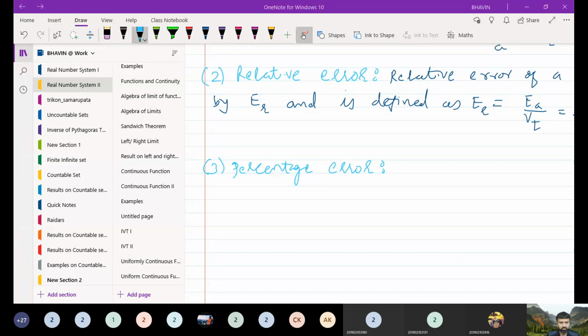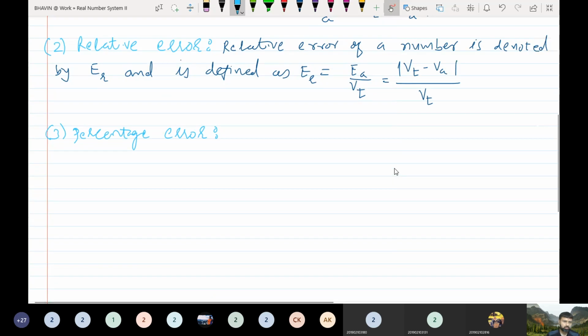So now let me define percentage error. So percentage error is defined as the relative error into 100.